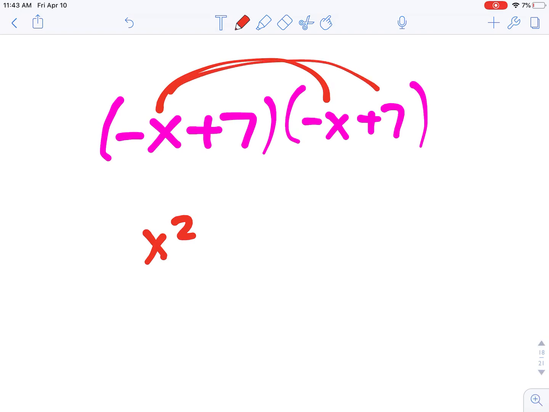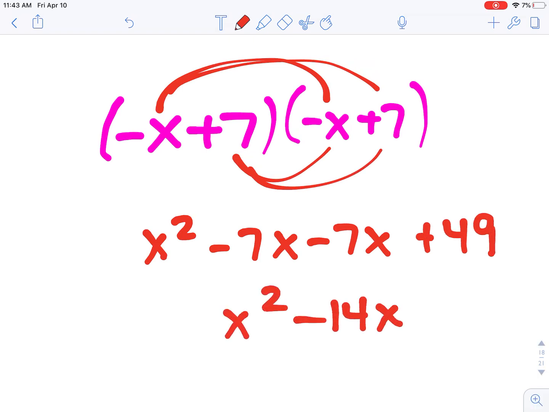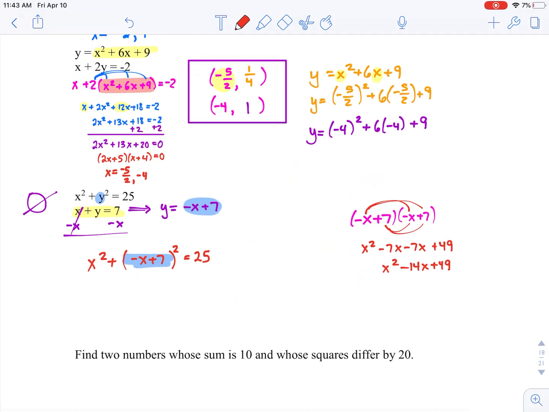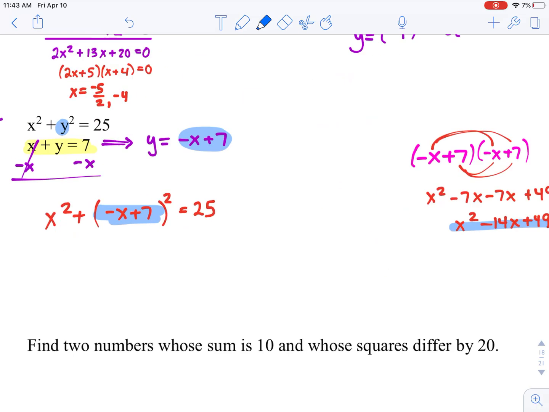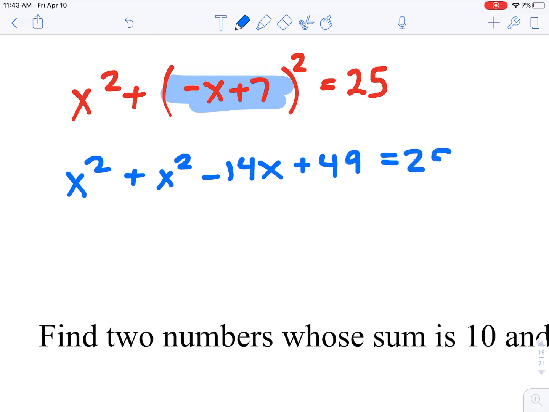We end up with a positive x squared, a -7x, another -7x plus 49. So this simplifies to x squared minus 14x plus 49. And we're going to replace that for that blue. We still have this original x squared, and our simplified equation is x squared minus 14x plus 49 equals 25.